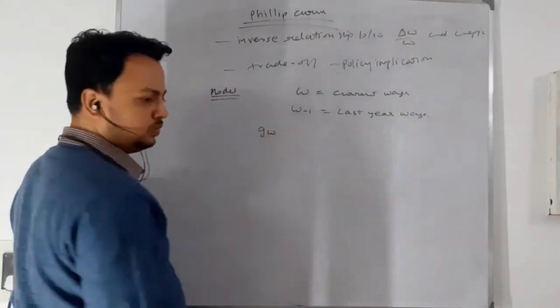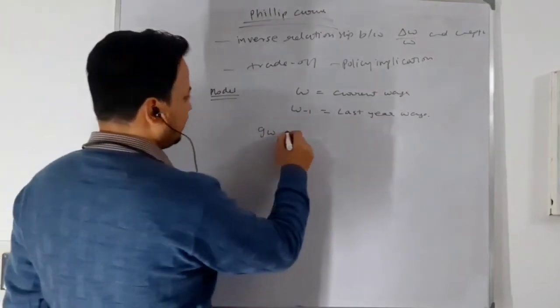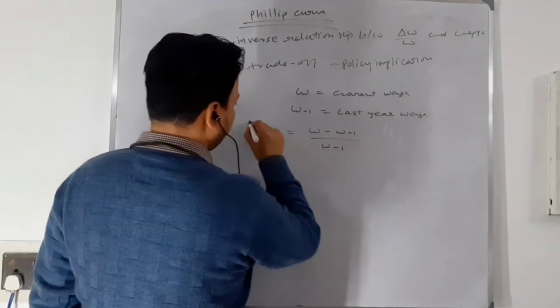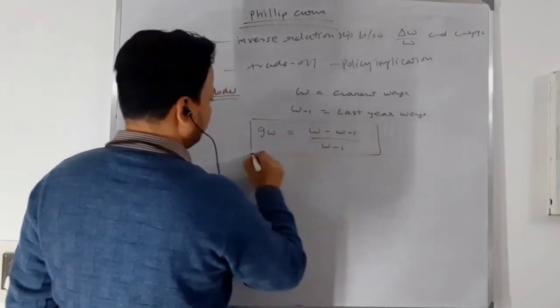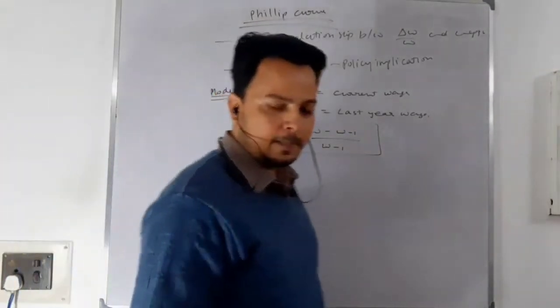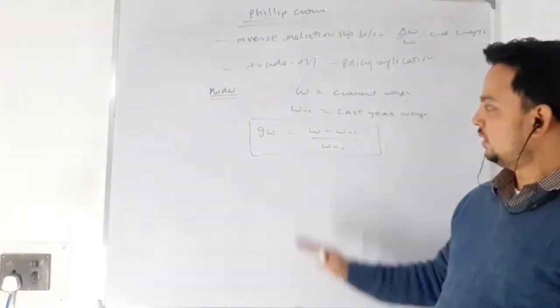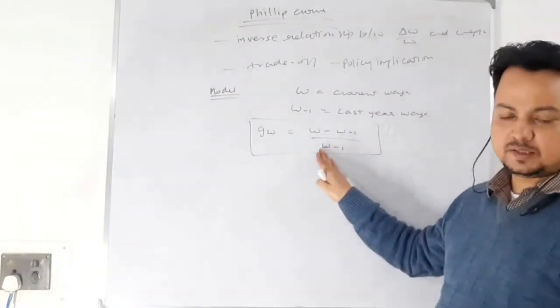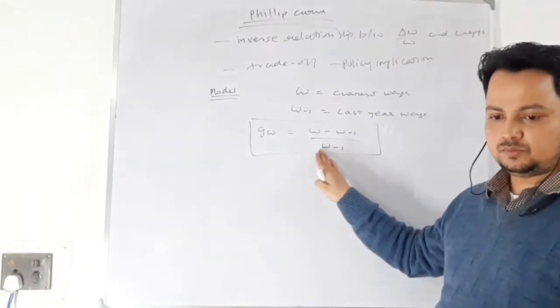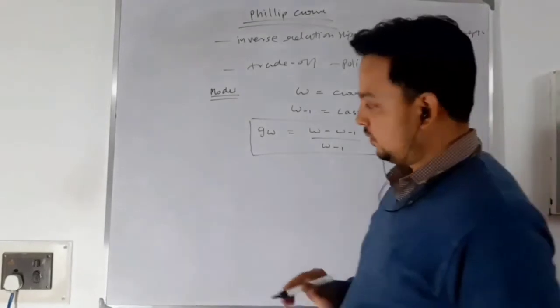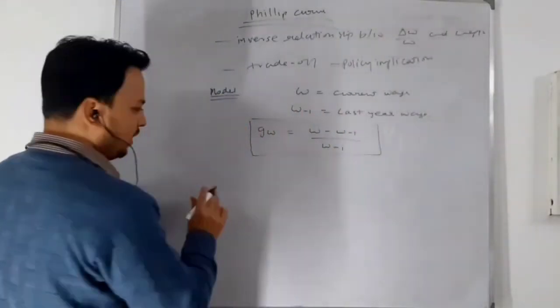We denote it by gW, wage inflation, equal to W minus W minus 1 over W minus 1. Up to this part, is it clear to everyone? Now I am giving you one equation about the Phillips curve.